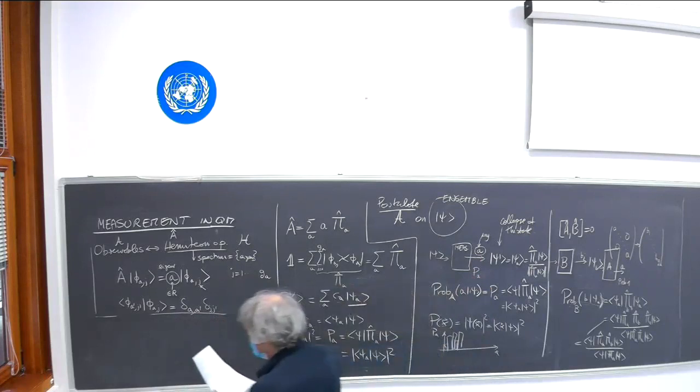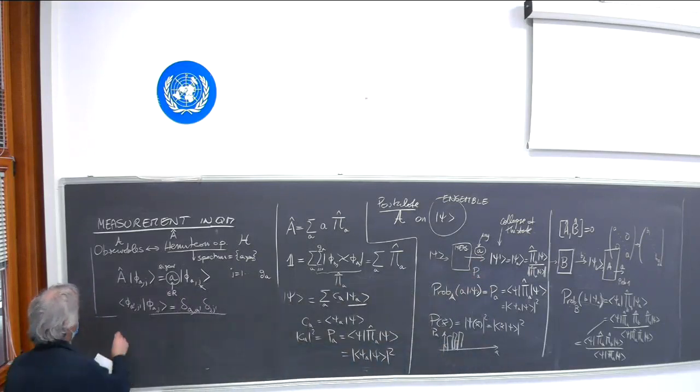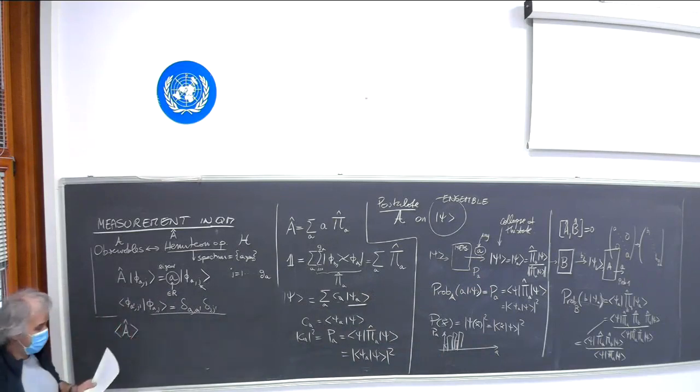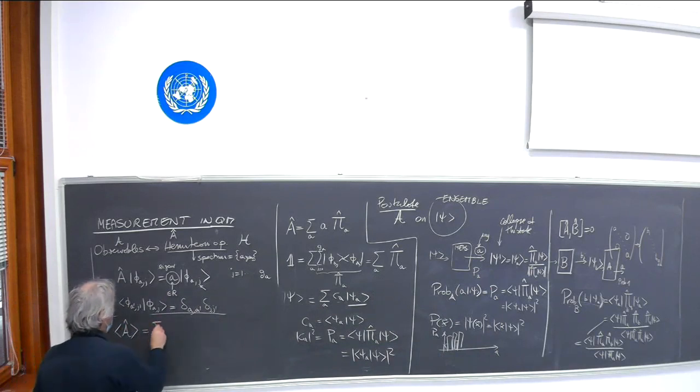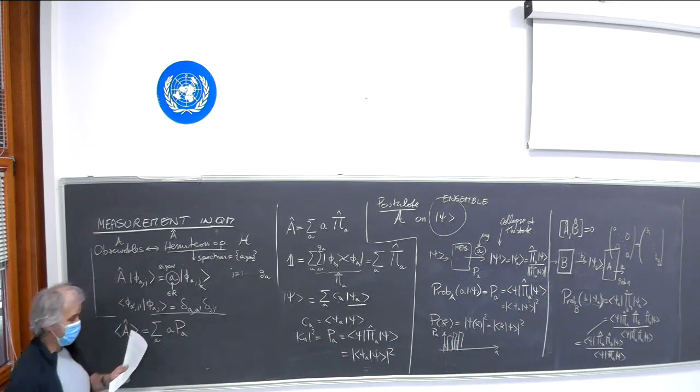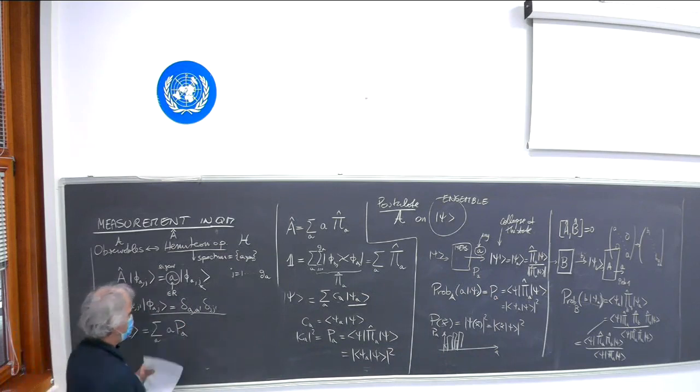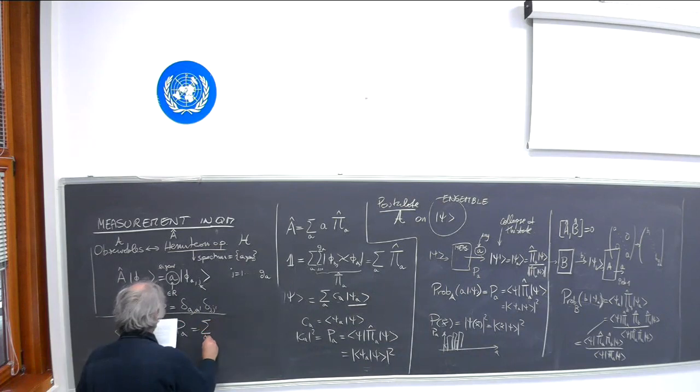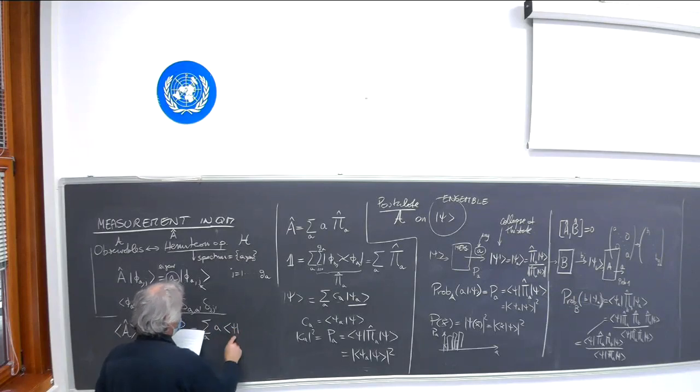And I ask you now, what is the average value that you measure for the observable A? Then you would answer, without knowing quantum mechanics, it's simply the sum over A of the outcome I get times the probability of getting A. But now this is equal to the sum over A of A times psi, the projector on A, psi.